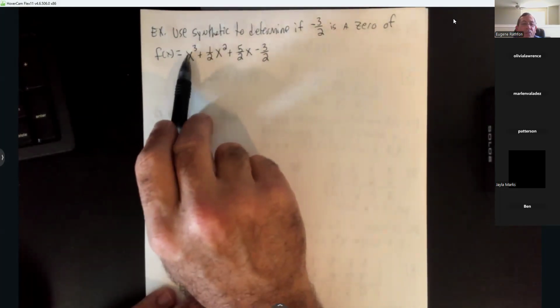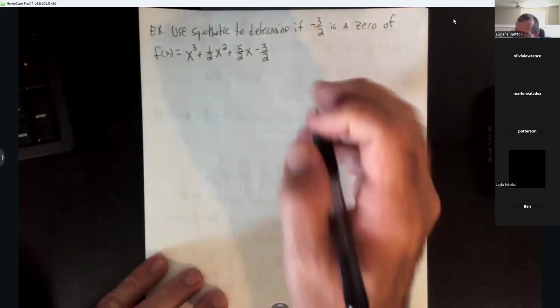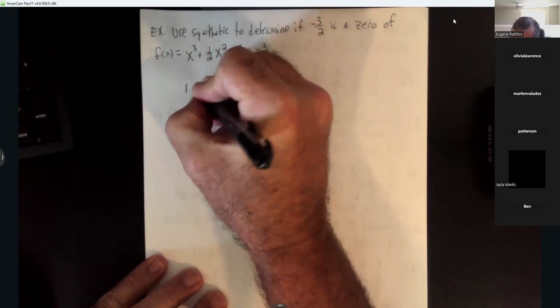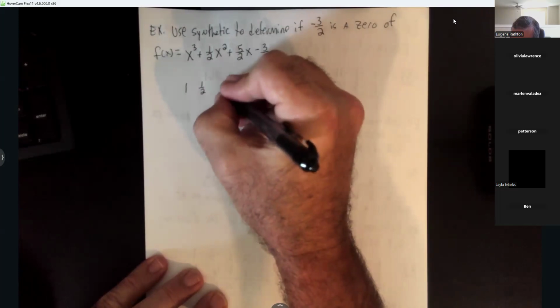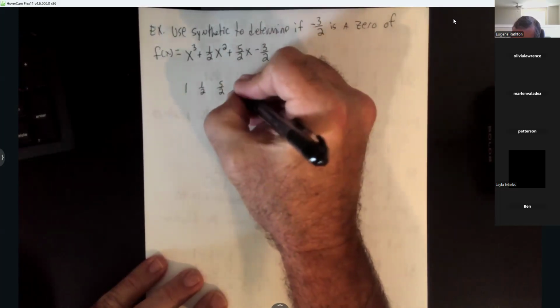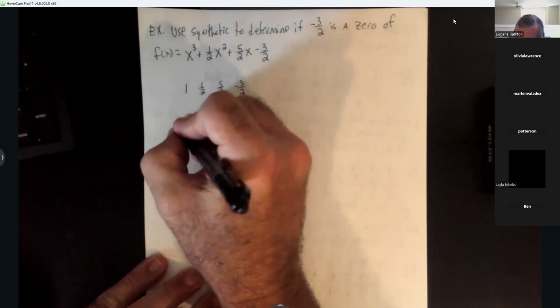All right, y'all, we got the x cubed term, the x squared, the x, and the constant term. So let's write out our numbers. 1, 1/2, 5/2, and then a negative 3/2. So those are my four numbers.